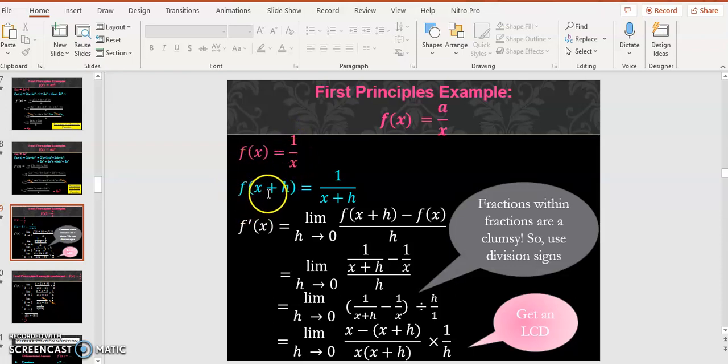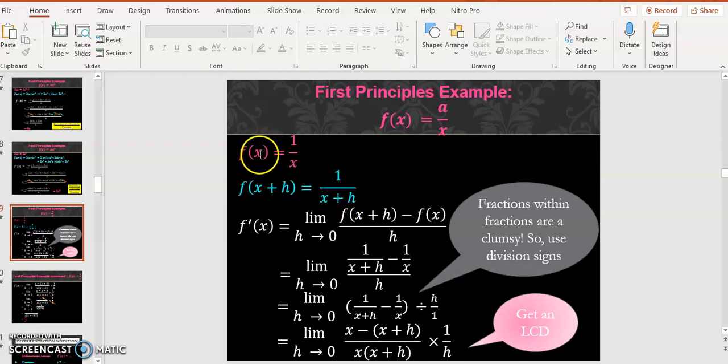So this time, this is our machine. We are supposed to put x plus h into the machine. Remember, when you put x into the machine, you got 1 over x. Now you place x plus h into the machine. What are you going to get? 1 over x plus h. In other words, f of the domain is equal to 1 over the domain.